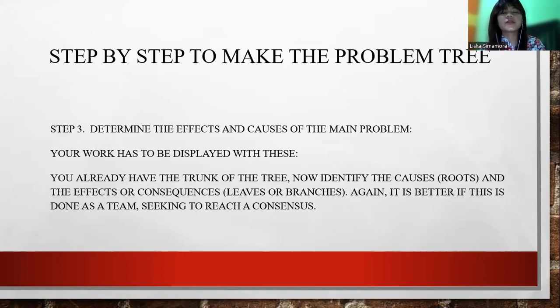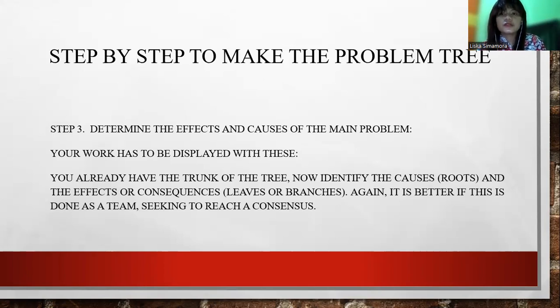Step 3, determine the effects and causes of the main problem. So after we find the real main problem, we ask the people, what is the effect of the problem? And then we put them in the branches or the leaves.